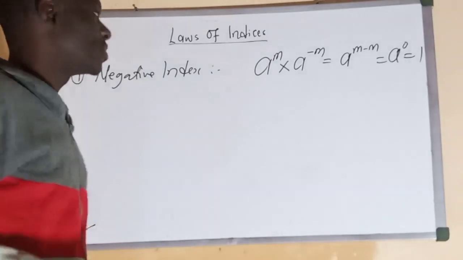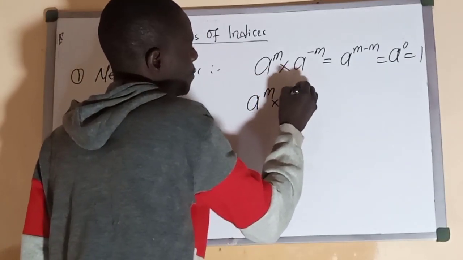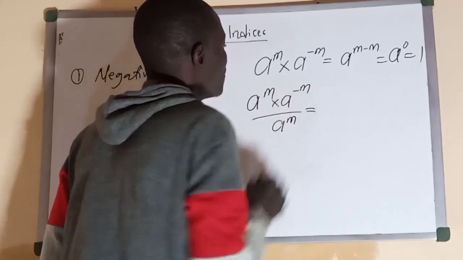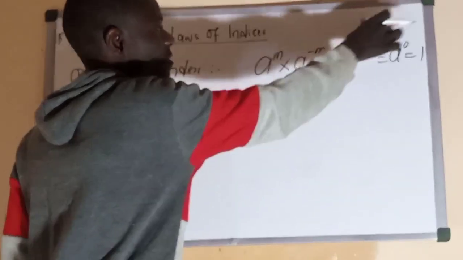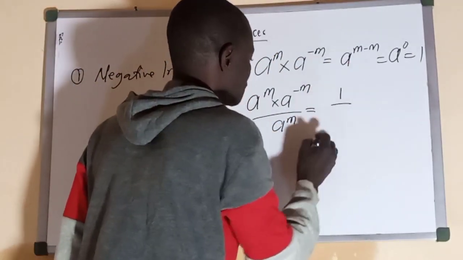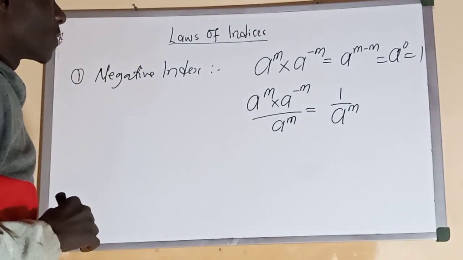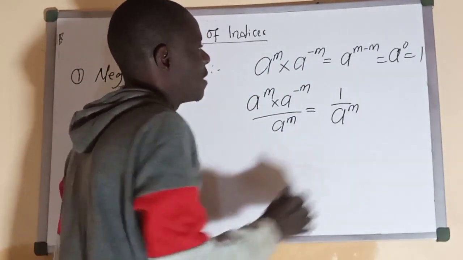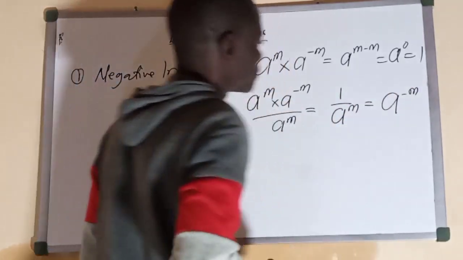So if you have a power minus m, that is a power m multiplied by a power minus m divided by a raised to the power of m. You already have this one as what? a power m minus m, which is equal to 1. This is the same as 1 over a raised to the power of m, which is equal to a power minus m.